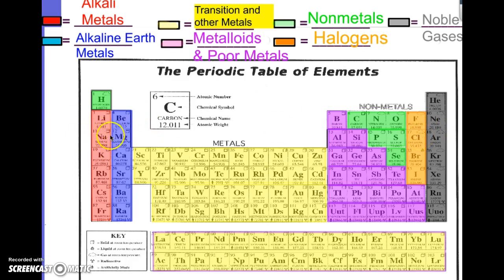So you take an element that's a metal that's explosive in water and a green poisonous gas, you put them together and a chemical reaction happens and you get table salt, which actually you have to have in a certain amount in your foods in order to survive, which is really interesting.